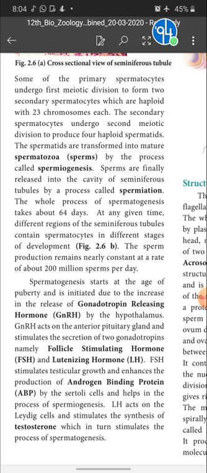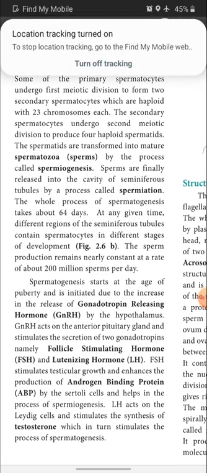So what happened? First, at the age of puberty, the gonadotropin releasing hormone will be increased in the hypothalamus, right? This gonadotropin releasing hormone will stimulate the anterior pituitary gland.